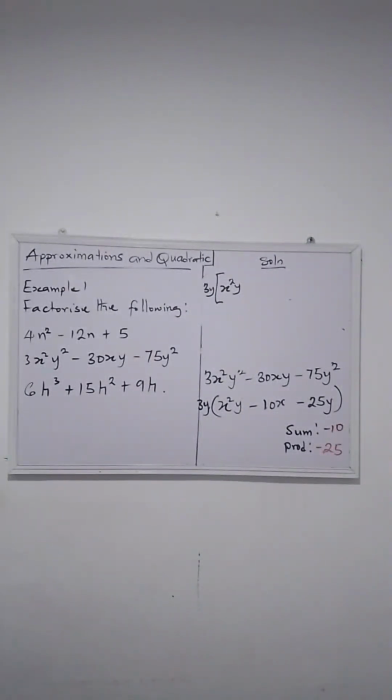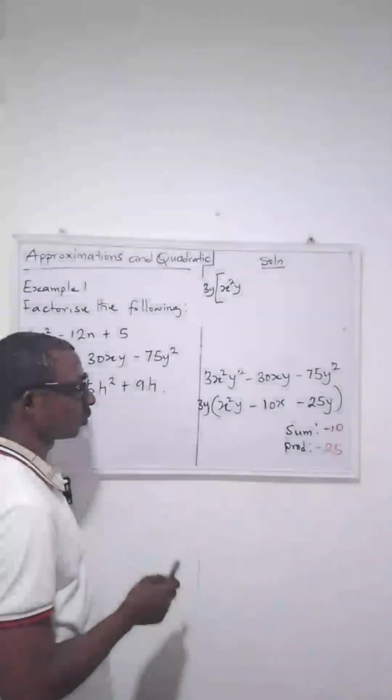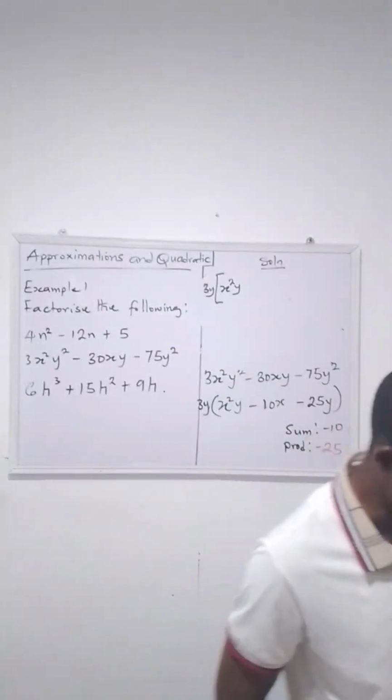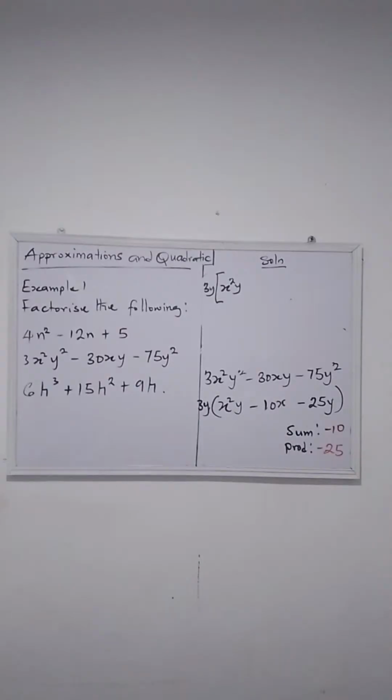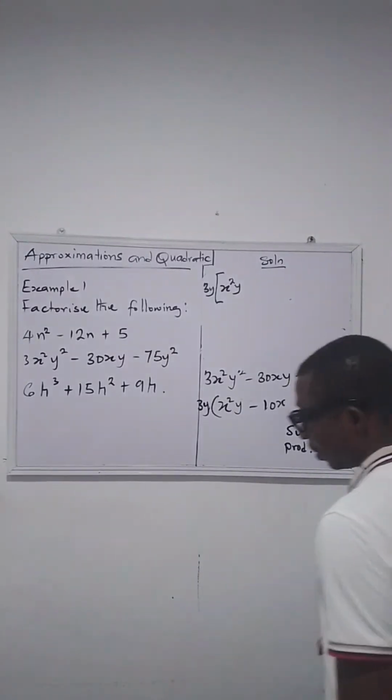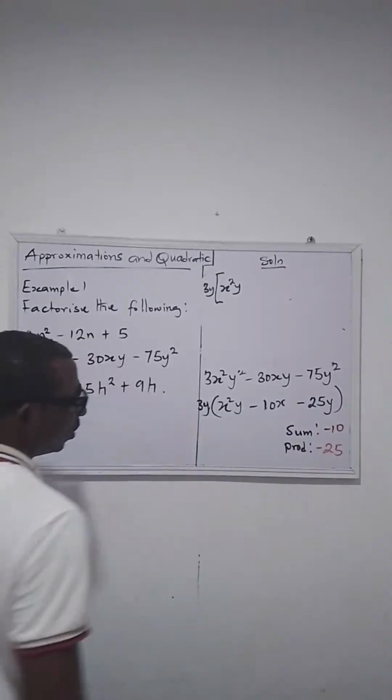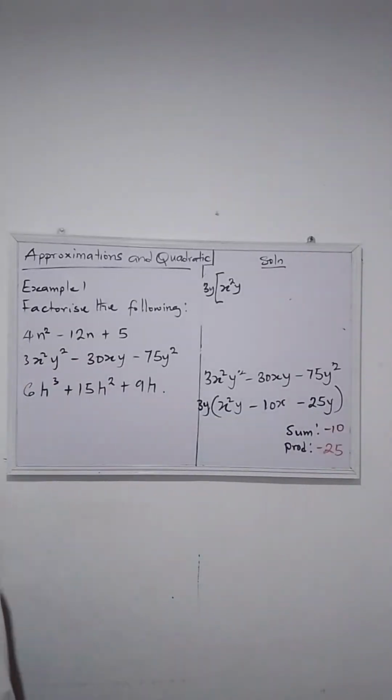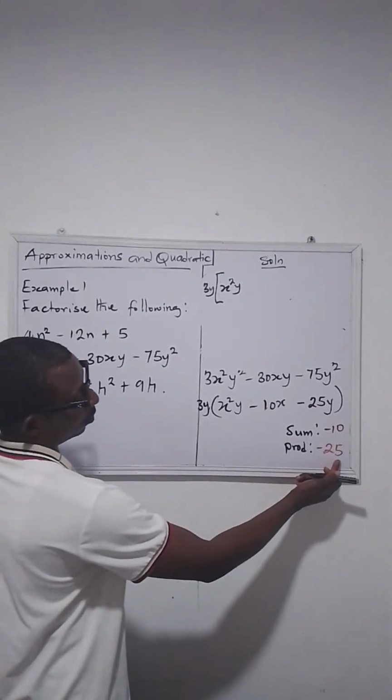Okay, let's look at it. If you know the answer, I want you to drop that in the comment section. So what are the two numbers such that when you add together you have negative 10, and when you multiply together you have that? Now we begin to think of factors of 25.